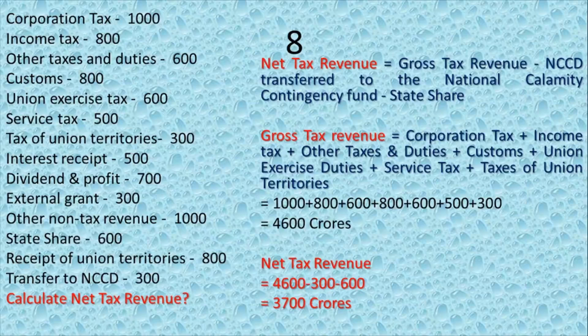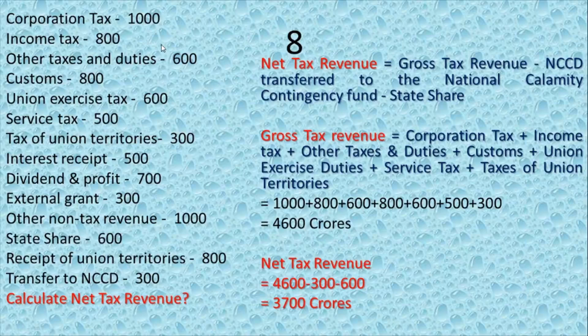So net tax revenue is given by the formula gross tax revenue minus NCCD transfer to the National Calamity Contingency Fund minus state share. Okay, so gross tax revenue is further addition of all the taxes, corporation tax, income tax and other taxes and duties, plus customs, union excise duties, plus service tax and the taxes of union territories.